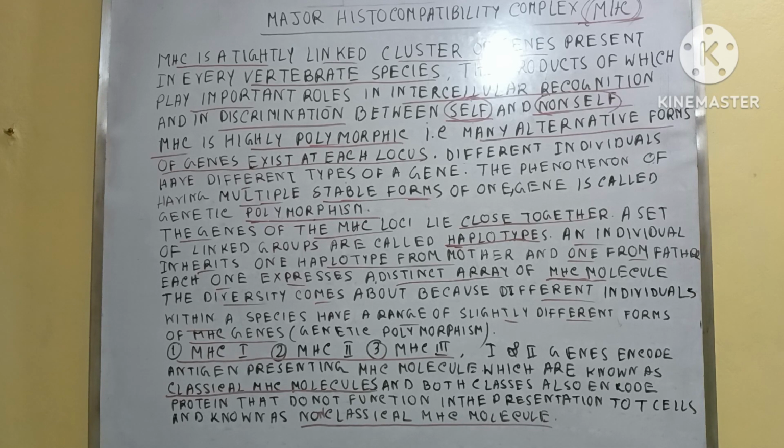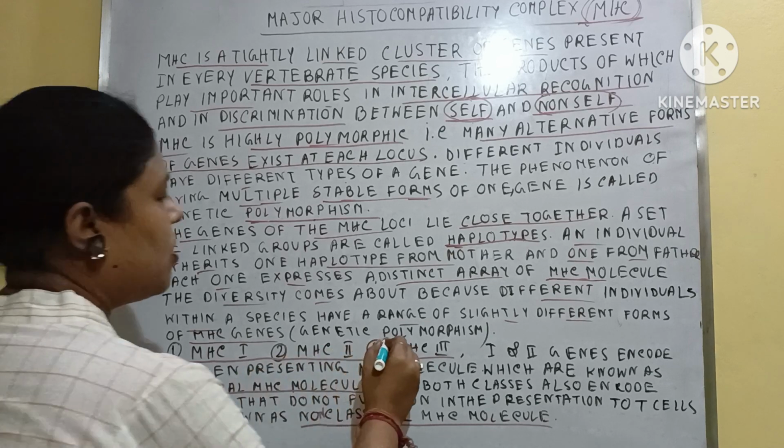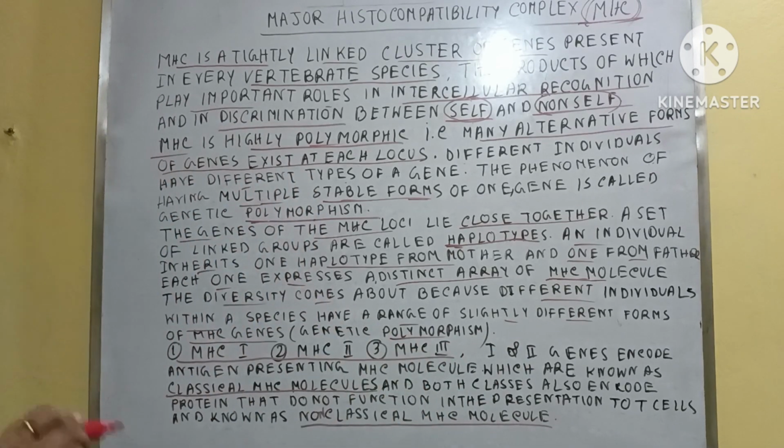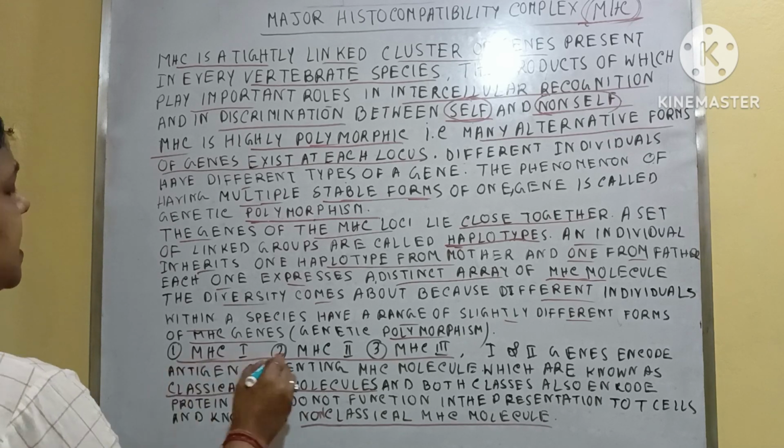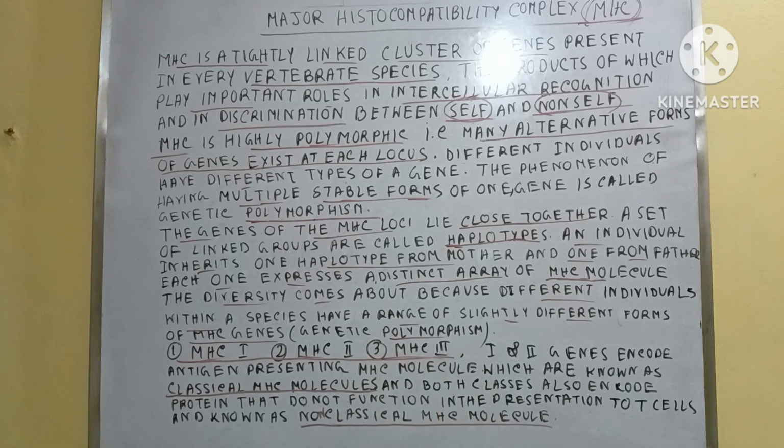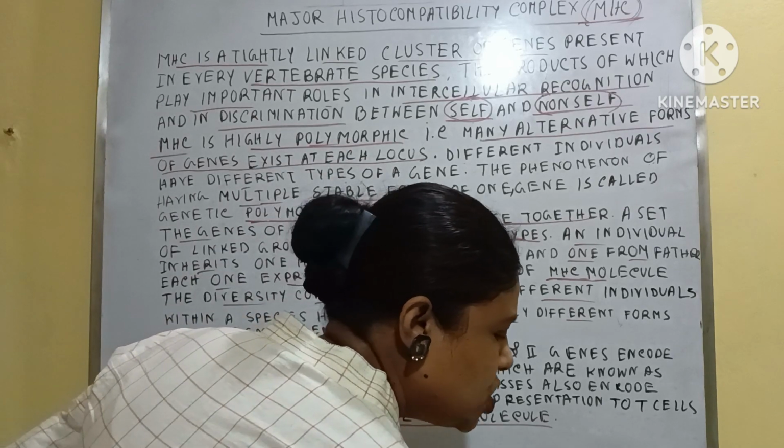The polymorphism feature is very necessary for the MHC complex, so these are obviously polymorphic complexes. Three types of genes are generally present: MHC1, MHC2 and MHC3.